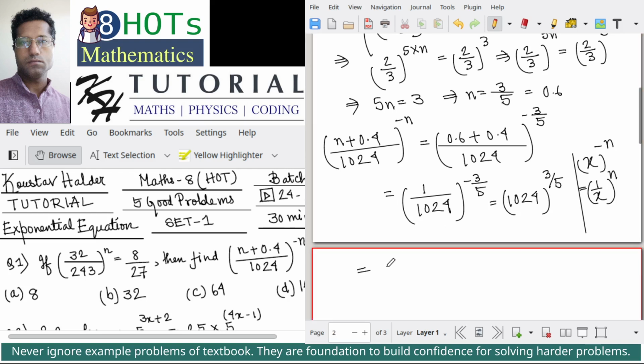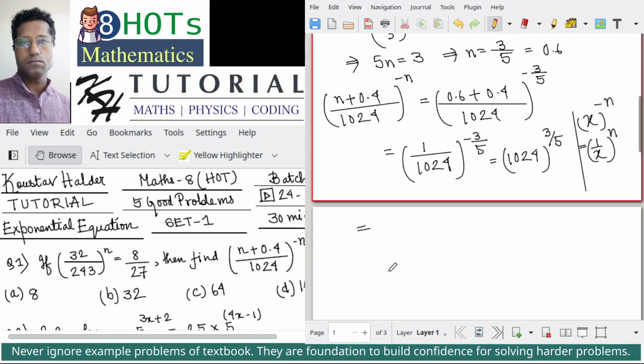Now you should be aware that 1024 can be expressed as a power of 2. If you know which power of 2 is equal to 1024, that is fine. Otherwise you can start factorizing. Let's say 1024 can be divided by factors, and the factors can be 4.